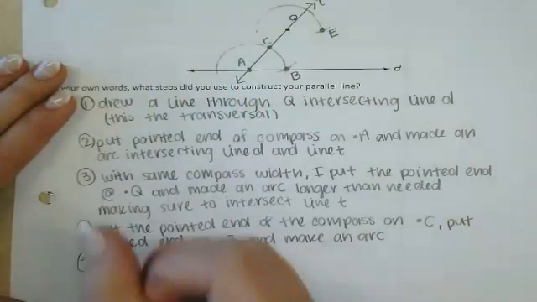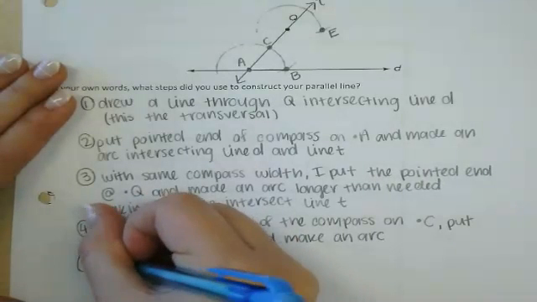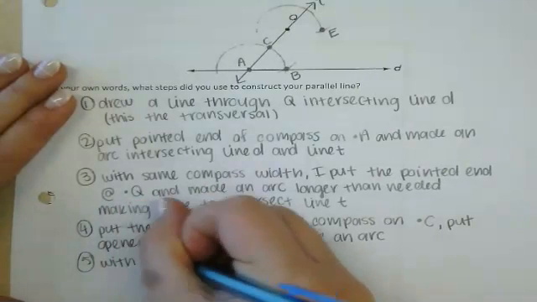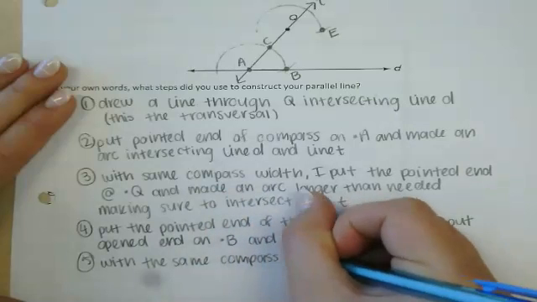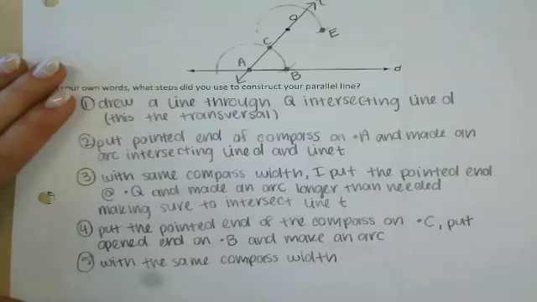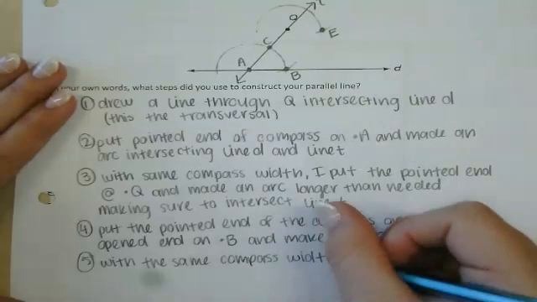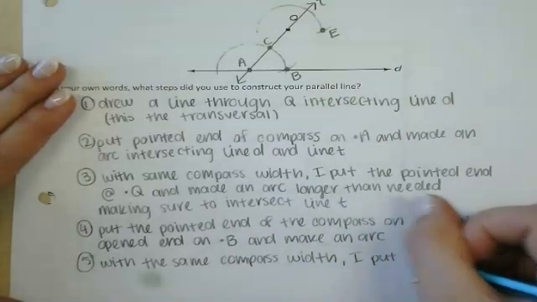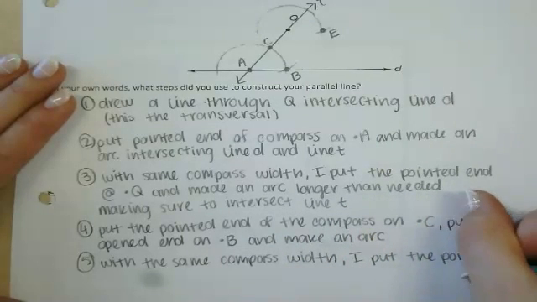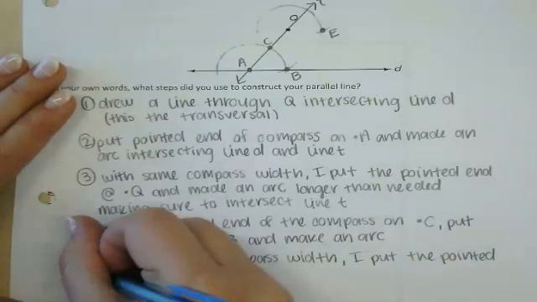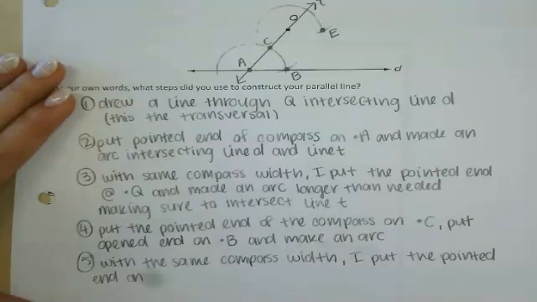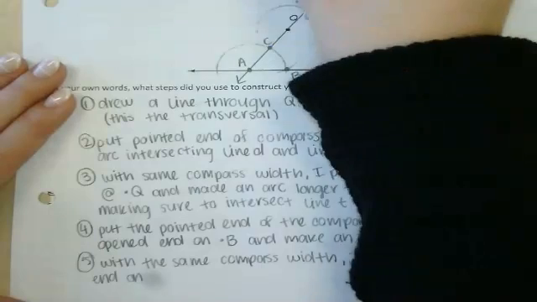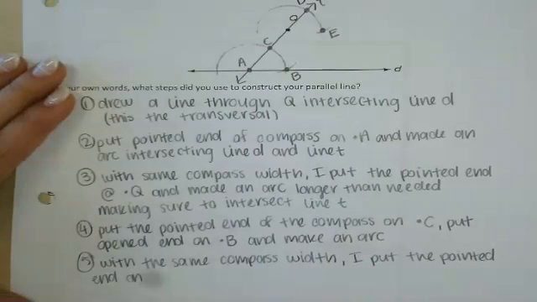So step 5 would be to, with the same compass width, I put the pointed end on, we'll also give us a point up here like we gave ourselves a C. We'll call this one D so that we have a point to say where we put it.